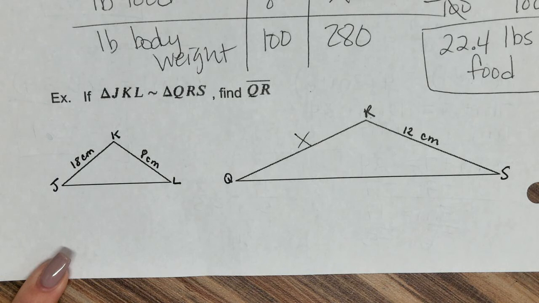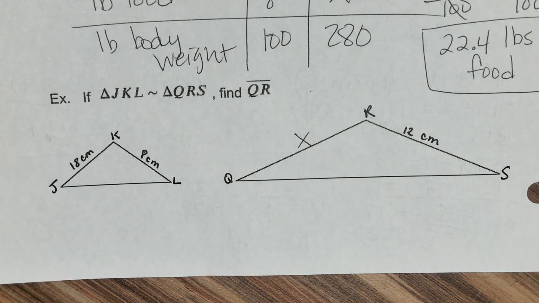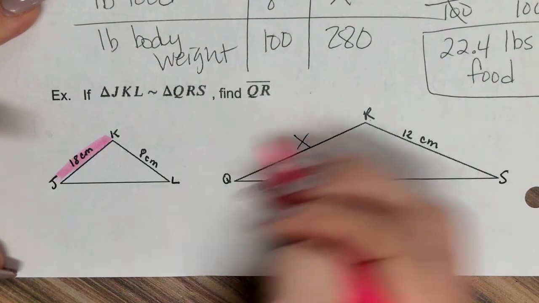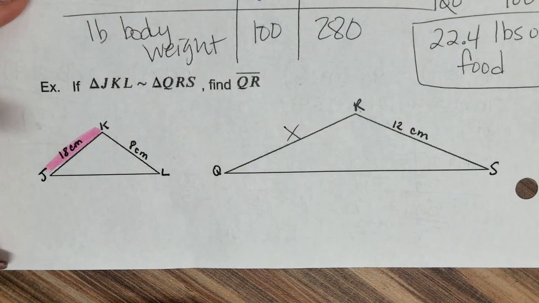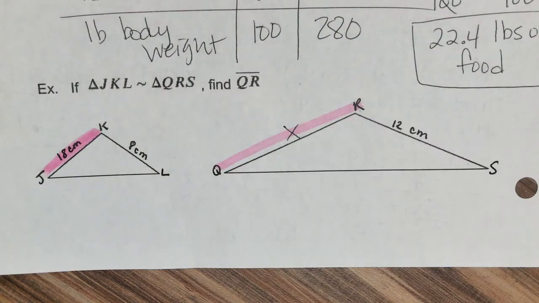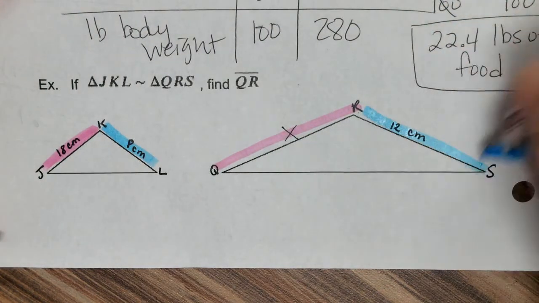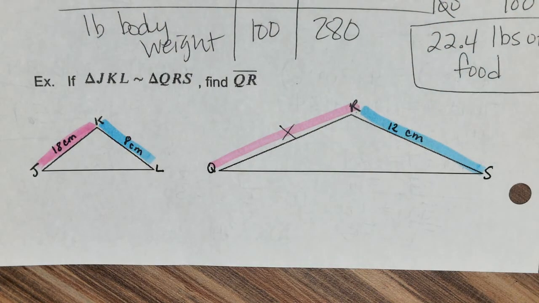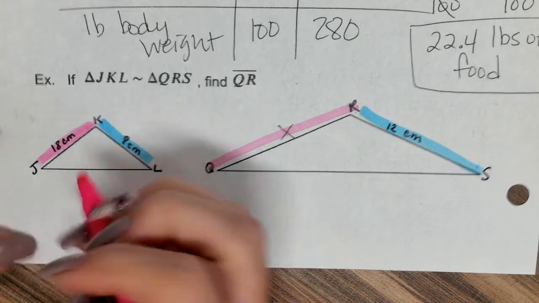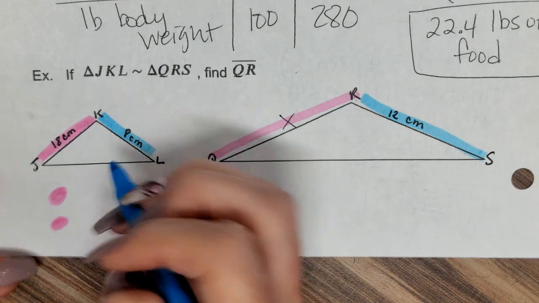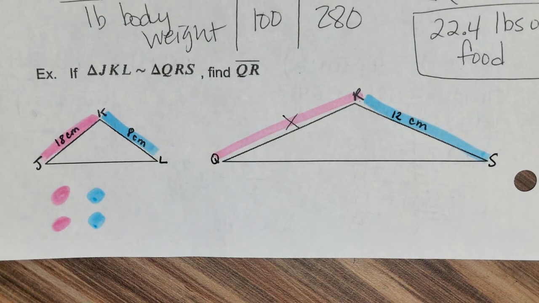Yes. The way that I teach this to my regular class is I use highlighters. And I say JK is proportional to what side over here? To QR. And KL is proportional to? Okay, now the way that you can set this up is you can do pink is to pink as blue is to blue. This is one way, and if y'all don't want to write all this, you don't have to.